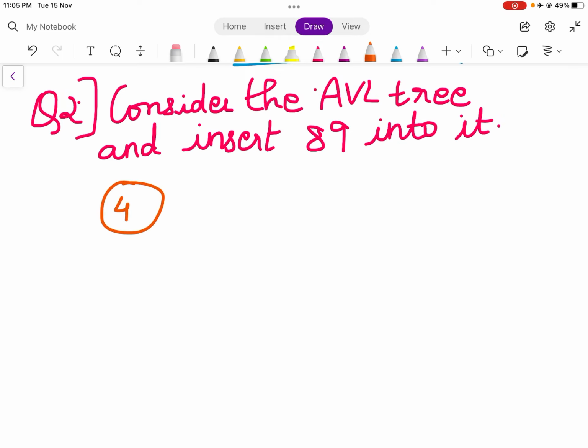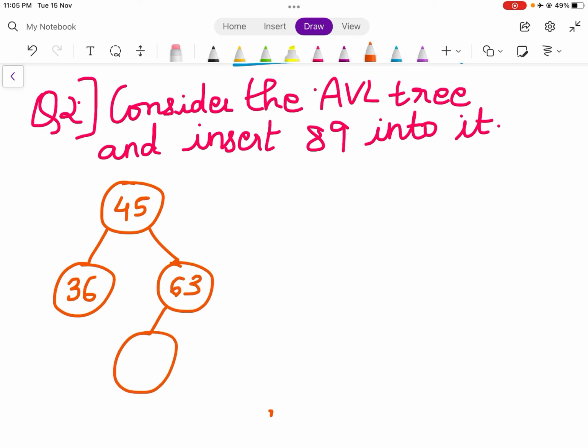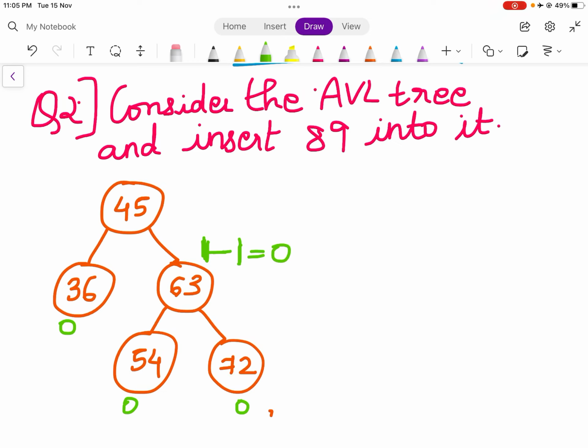So you have this as 45, 36, 63, 54, and this is 72. So what do I have to do? I have to first check the balance factor. Balance factor of leaf nodes is 0, 0 and 0. Left is 1, right is also 1, so 1 minus 1, that is 0. Left is 1, right is 2, so this is minus 1.